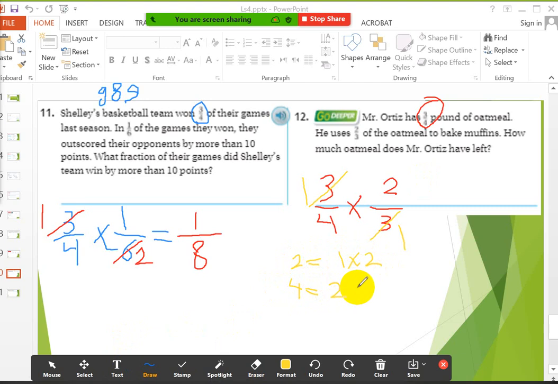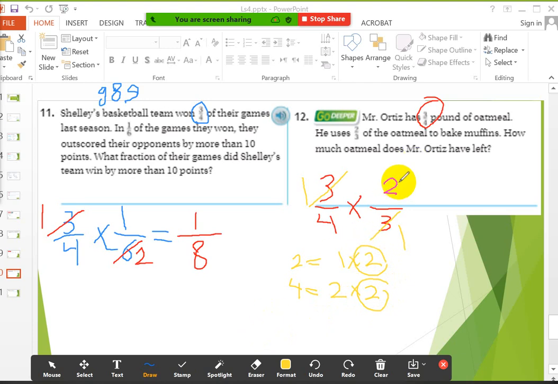1 multiply 4, and 2 multiply 2. That means I have to find the factors that, if I multiply them by each other, give me this number. So the factors for this number are 2 multiply 2. What is the common factor between them? 2. 2 and 2, right?